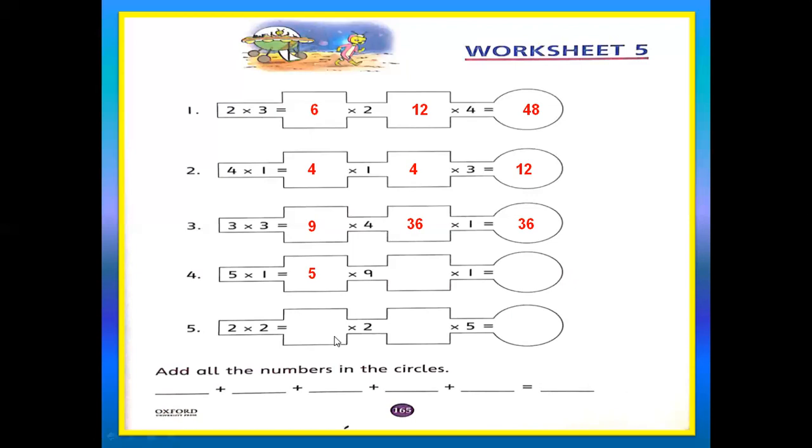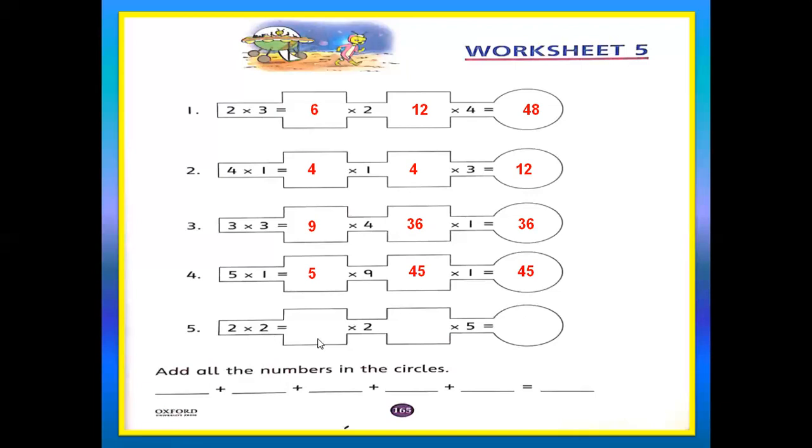So 5 nines are 45 and 9 fives are 45. Now multiply this answer with 1, 45 multiply 1. So what is the answer? 45.